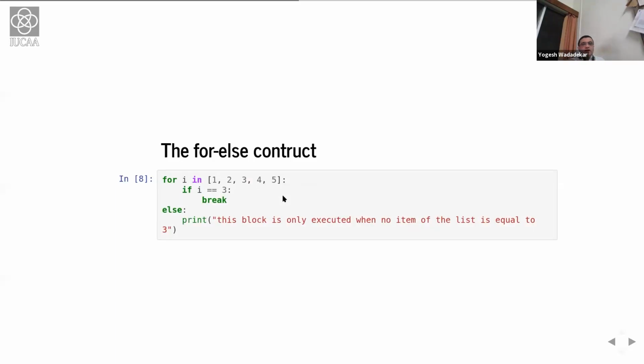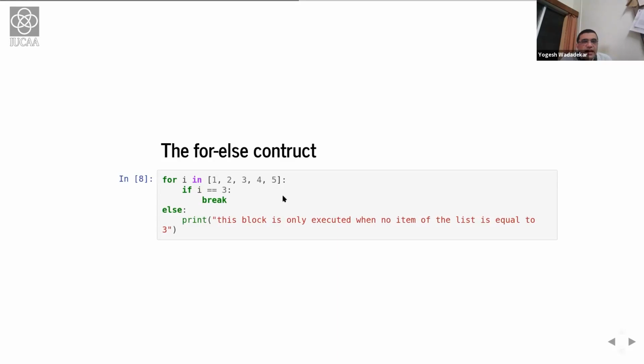There is one more construct which is known as the for else construct. We have looked at if, elif, else, and we have looked at the for loop already. But what we have not encountered is the for else construct.